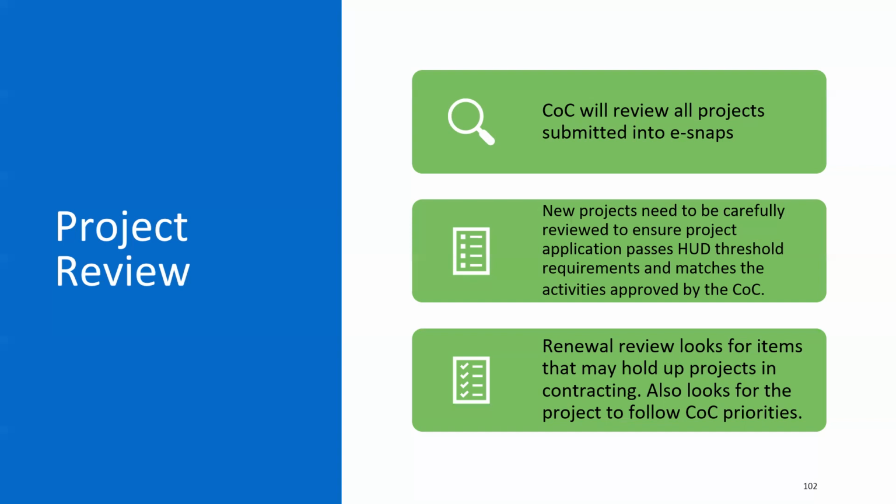And then the renewal review: all the renewal projects submit their applications in eSnaps for the CoC to review. The CoC is reviewing all of those to make sure that they are not going to be held up in contracting. So we're looking at a lot of compliance related things, just making sure the application all looks correct, as well as whether the project is following the CoC's priorities.